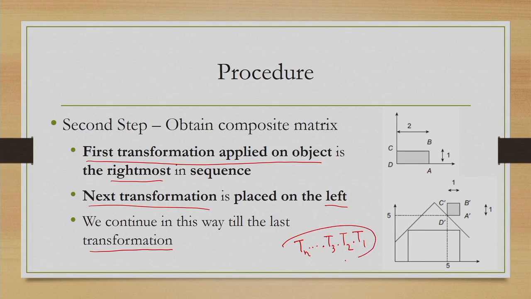This is the right to left rule. The first transformation applied on the object is on the rightmost side, followed by other transformations in sequence till the leftmost point, where we place the last transformation applied on the object.